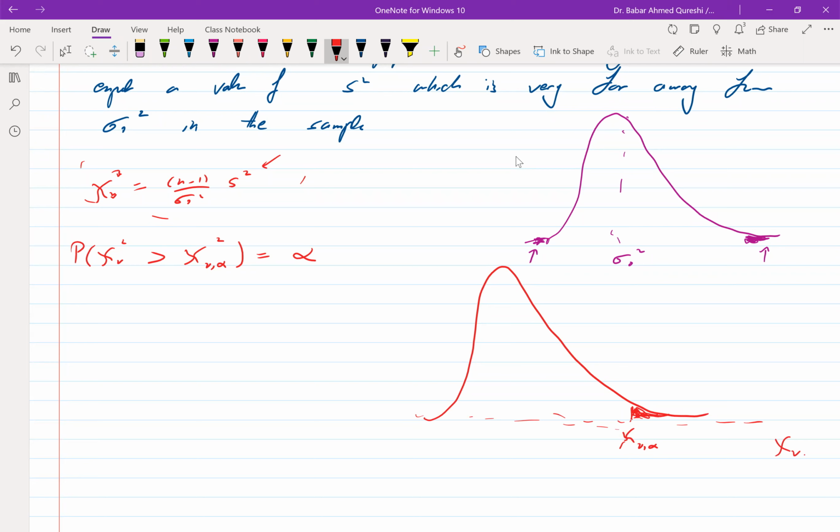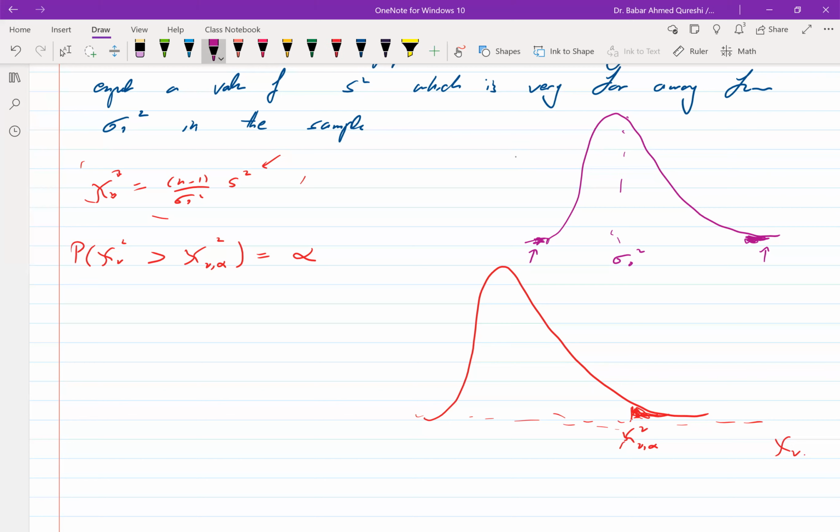So there's a critical value chi nu alpha. Chi nu square being more than that has a probability alpha. I'll sometimes miss the squares, they are always there, it's just a part of notation. That's how you are defining this critical value.